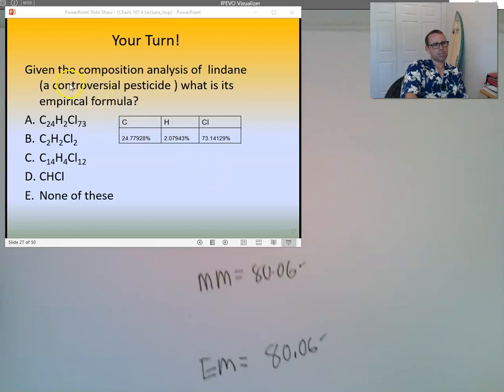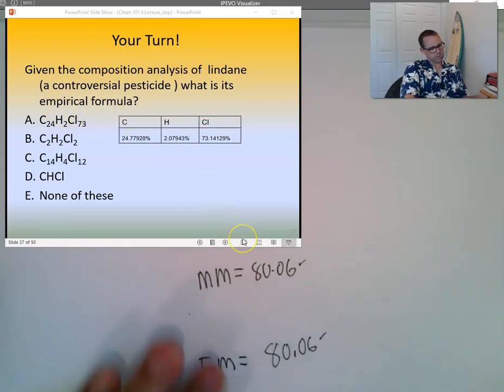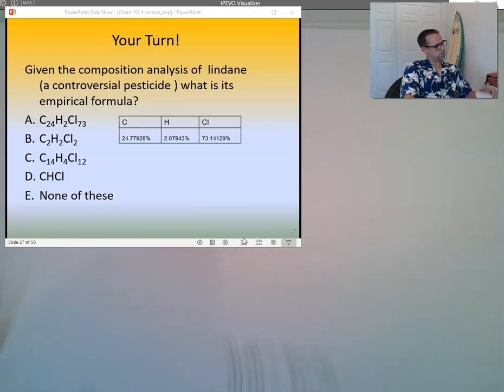Here's another opportunity. Given the composition analysis of lindane, here's the percent carbon, here's the percent hydrogen, and here's the percent chlorine. What is the empirical formula? So, to do this one, we can pretend that we have a 100-gram sample.